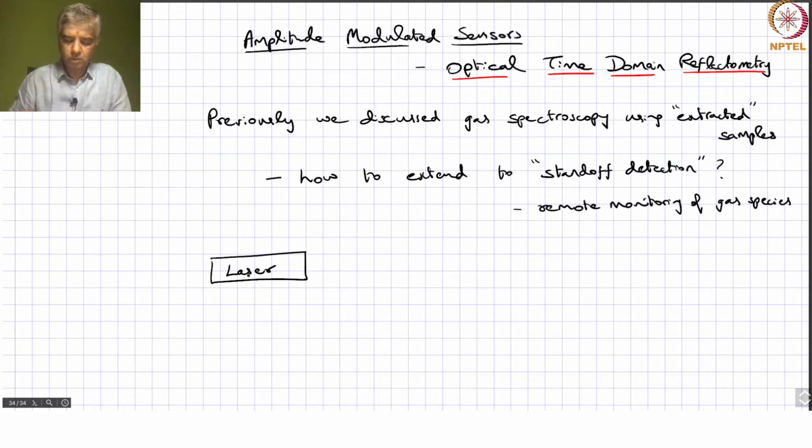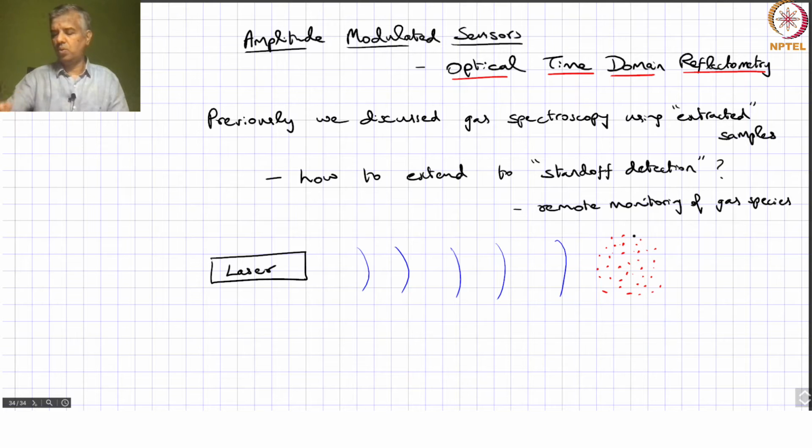So you typically use a laser, and you send this light, so it goes off into the far field, and it might travel some distance, and then let's say we have this environment where a certain gas species is present.